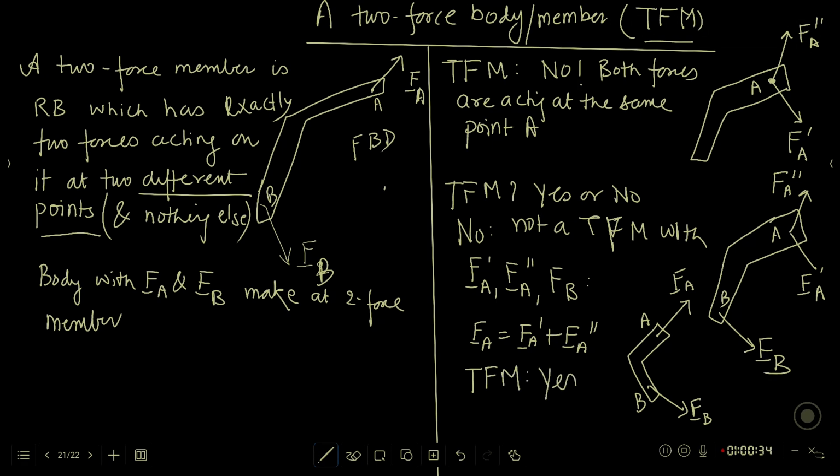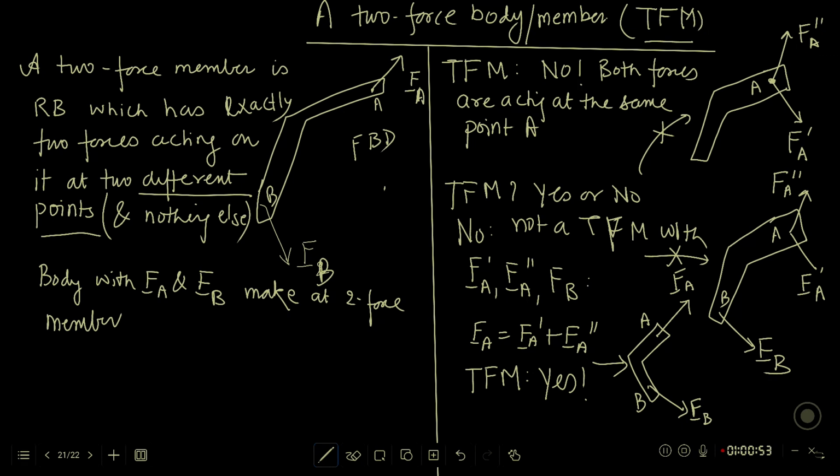So the two-force member definition is not only about the net force. It is actually how you draw the FBD. Same force system, if you draw the FBD in a different way, it will not be called a two-force member.